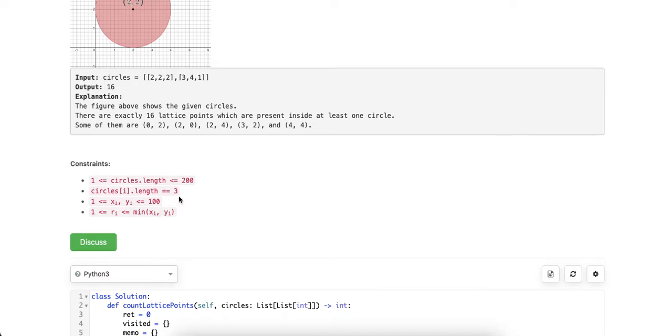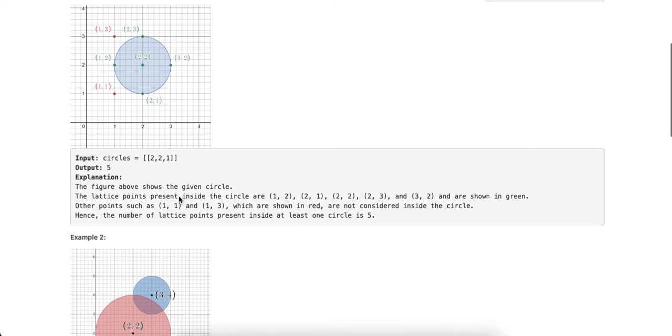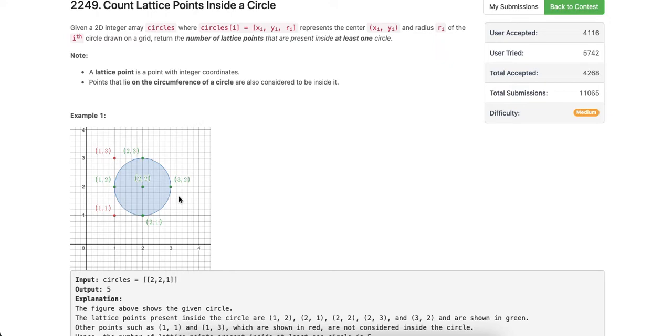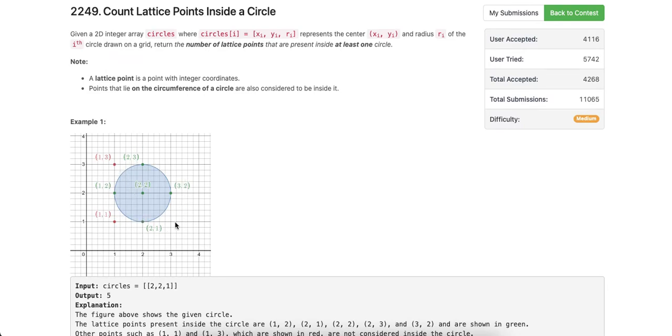But for this solution, what I'm going to do is another way to think about the space, even without looking at the constraint, which is to search around the circle itself. So we can look at it here: every circle can be considered as having a square around it, right?